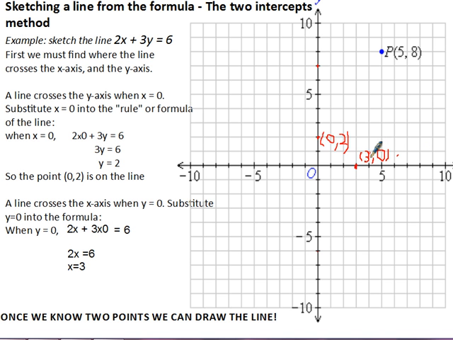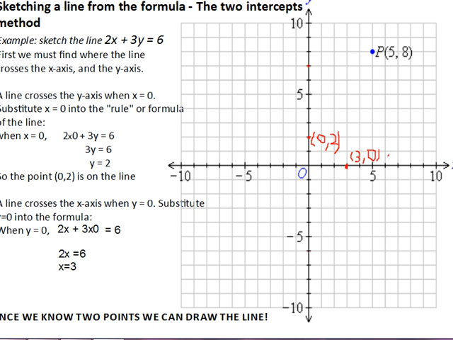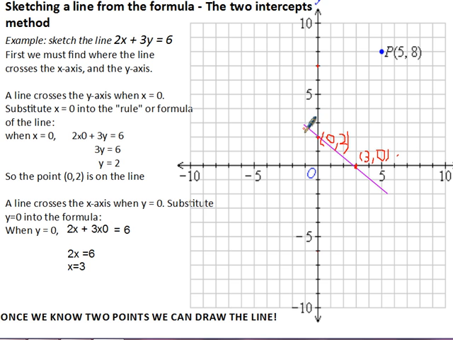The point (3, 0). So now that we've got 2 points, that is enough to define a line. So we'll draw the line that goes through these points, the y-intercept there at (0, 2), and the x-intercept at (3, 0). And as always, when we draw a line, we put arrows on the end to show that the line goes on forever.